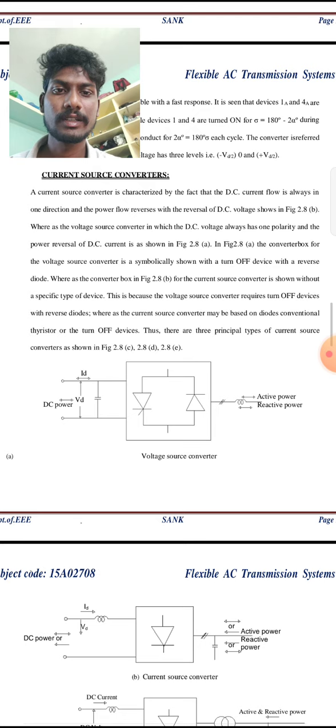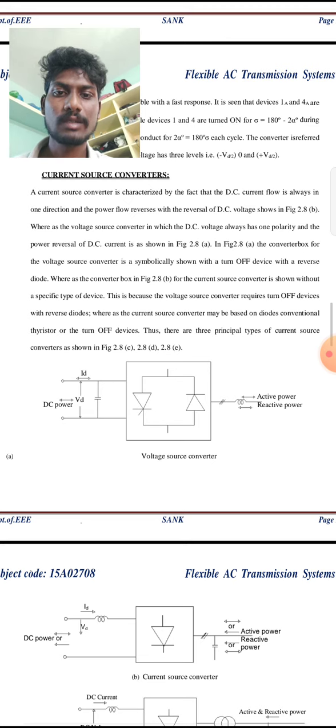In figure A, the converter box for the voltage source converter is shown symbolically with a turn-off device with a reverse diode. Whereas the converter box in figure B for the current source converter is shown without a specific type of device.